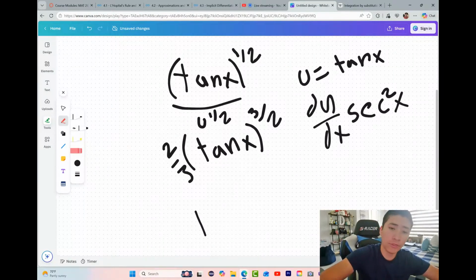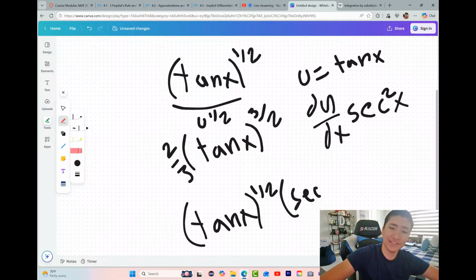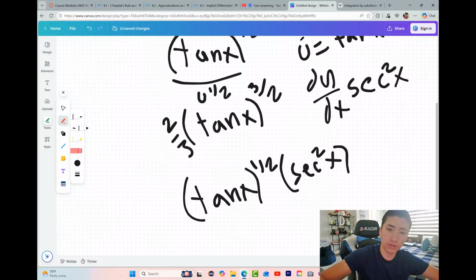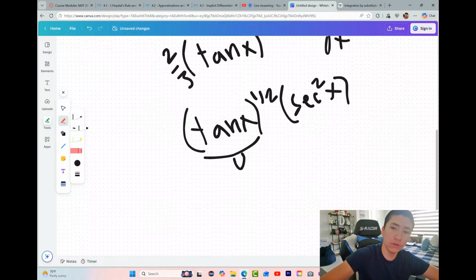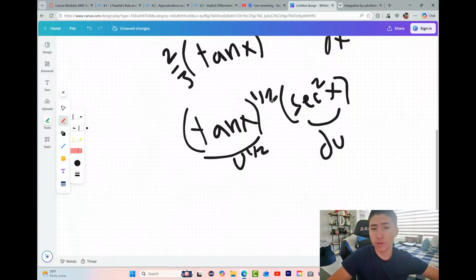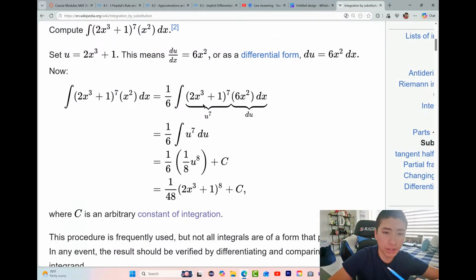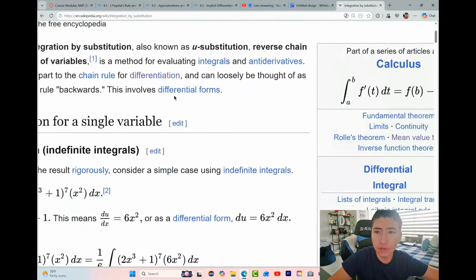Oh, so I think we get something then like 1/2 secant squared of x. And this is going to be u, and this is raised to the 1/2. And this is du, since we applied the derivative to u. Yeah, I guess that makes sense. But how did we get this 1 over 6? I think I'm confused.